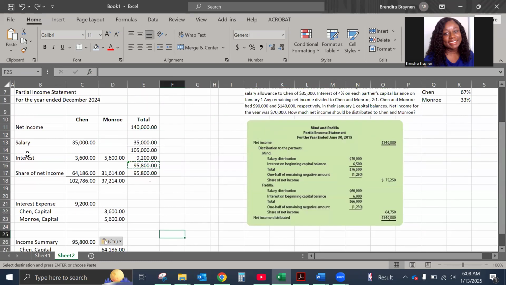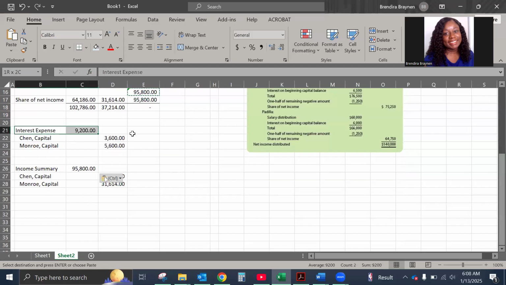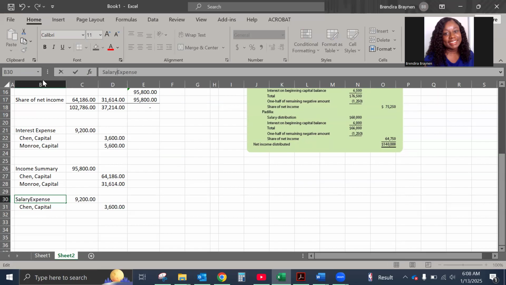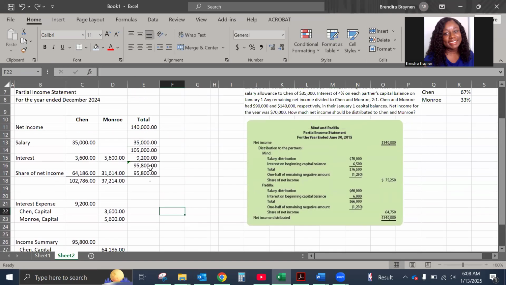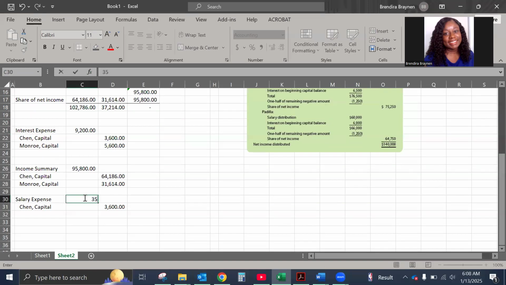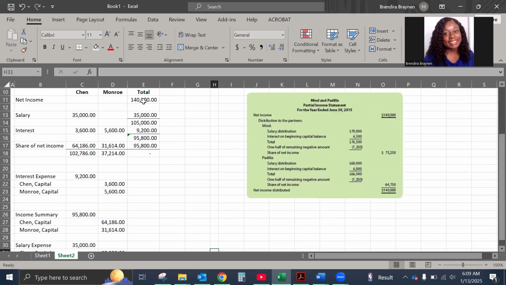Okay, and I'll just put out the salary entry as well, just so that all entries are shown. So salary expense is what? 35,000. So 35,000. And Chen capital would be 35,000. So technically, just how you see, the amount going to Chen's capital account is 102.